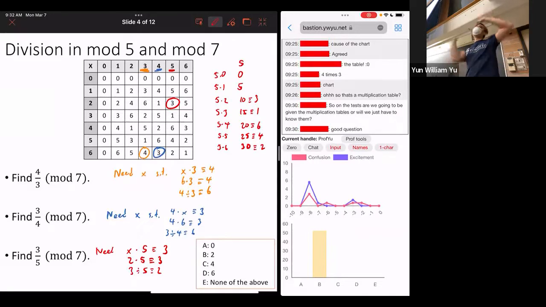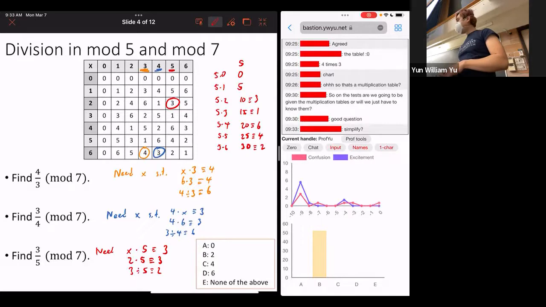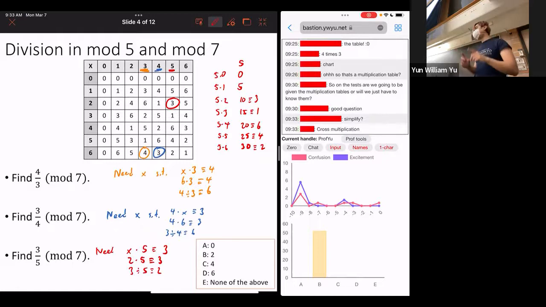So when you're thinking back to ordinary numbers, is there another way of doing it if you have fractions? Simplify, yes, that helps. Simplifying is actually a little bit dangerous for modular arithmetic, which we'll get to a little bit later. Cross multiplication, okay.